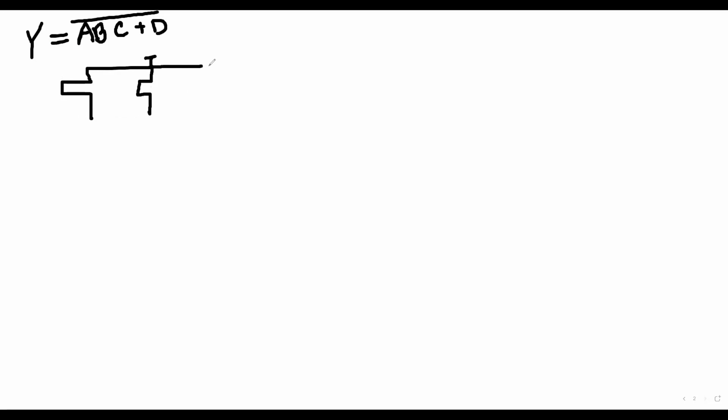B. C, right? Then you have D. This is your P MOSFET, remember? This is your P MOSFET. This is also MOSFET.